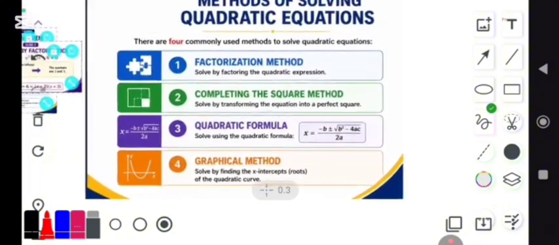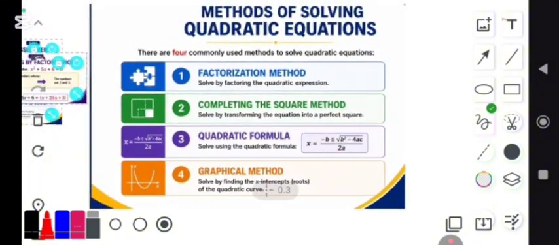So, in factorization method, what we do basically is to factor the quadratic equation or expression, depending. By the way, what's the difference between a quadratic equation and a quadratic expression? Let me explain briefly.